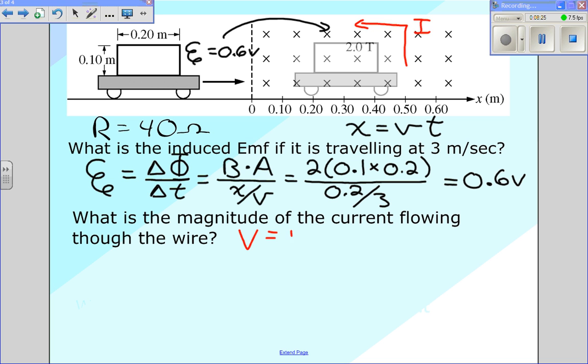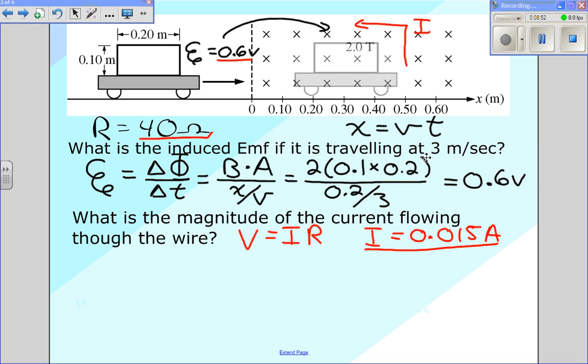V equals IR. We know that the voltage in this loop is 0.6 volts, and we know that the resistance is 40 ohms. If you plug that in, you end up getting a current that's equal to 0.015 amps.